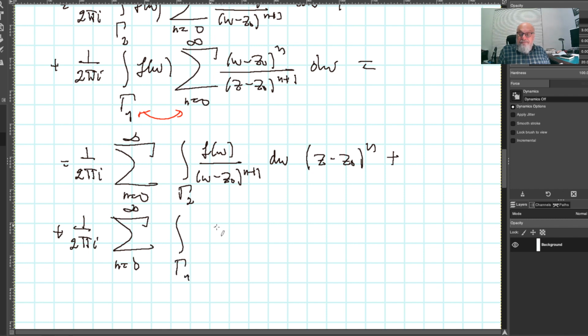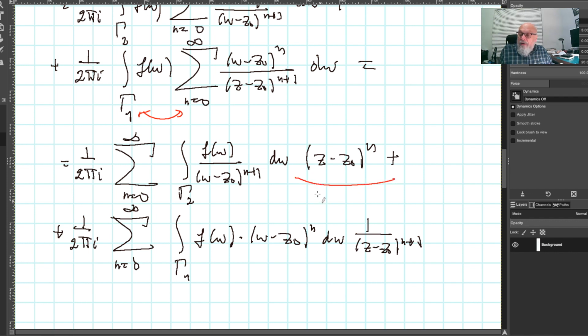So integral over gamma 1, and then I have here f of w times (w minus z0) to the power n dw, and this will be 1 divided by (z minus z0) to the power n plus 1. Okay, so that's, you see, those are the positive powers.